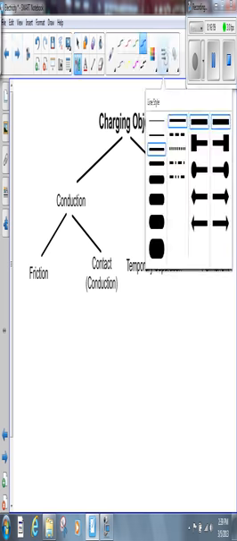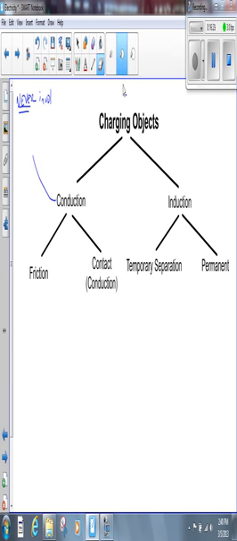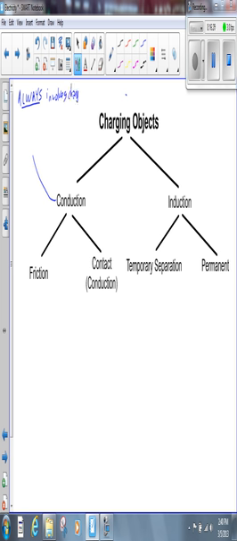Charging by conduction involves a transfer of charge. Sorry, that's wrong. Don't write that down. Charging by conduction always involves a charge transfer.